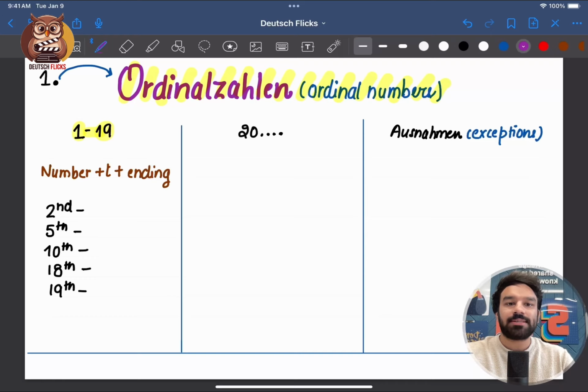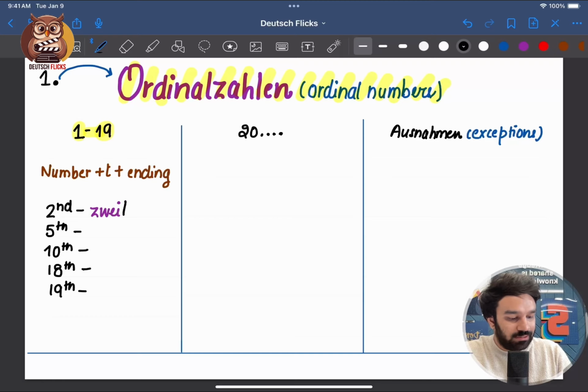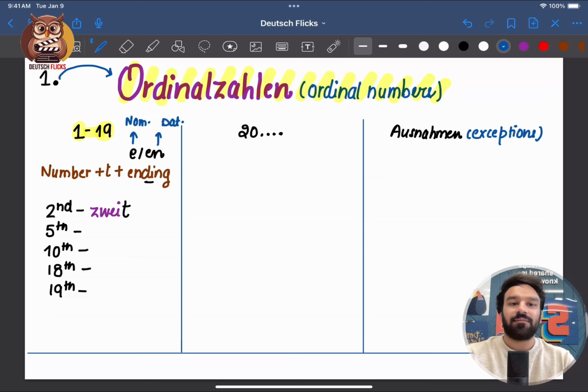So number 2 is called zwei in German. So I'll write zwei. Then I'll end it with T. And then there will be some ending. Now the ending can be either E or EN. You'll take E if it is nominative case, and ending en you will take when there is dative case.